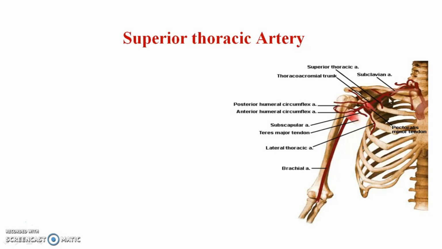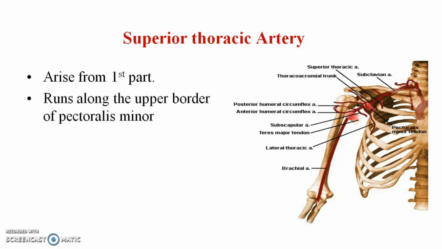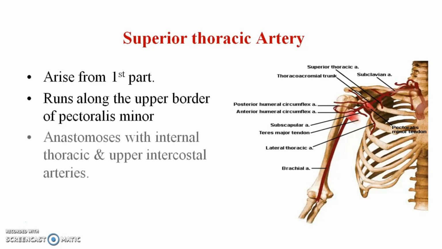This is the superior thoracic artery coming from the first part of the axillary artery. It is the first branch to arise from the axillary artery. As for its course, it runs along the upper border of pectoralis minor muscle.